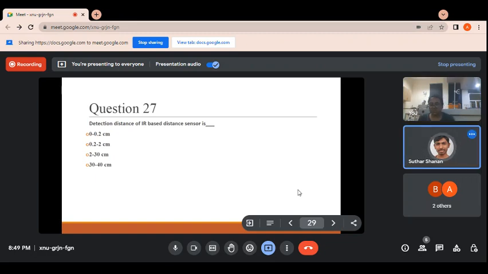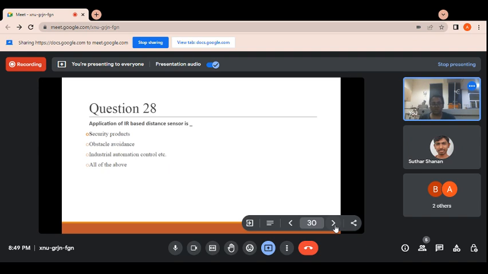Actually it is 2 to 30 centimeter. Application of IR based distance sensor is security product, obstacle avoidance, and industrial automation control, etc., or all of the above. All of the above.